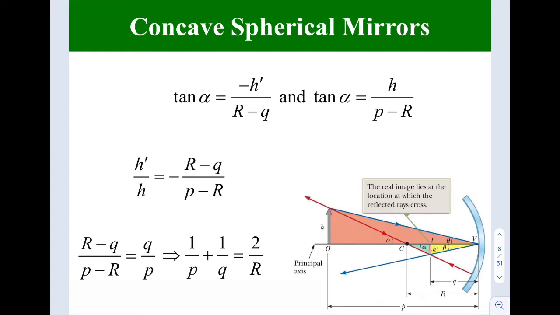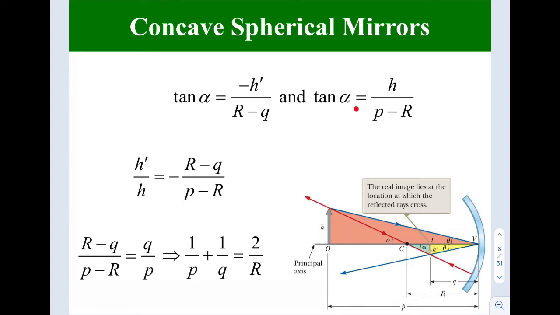Further analysis in terms of the geometry of this triangle: tangent alpha, in the green triangle here, is equal to negative h prime over r, the radius of curvature, minus q.